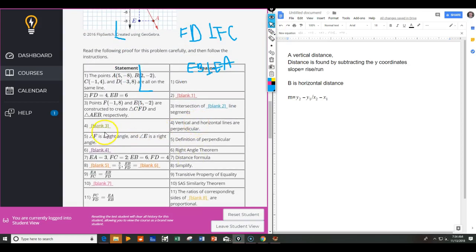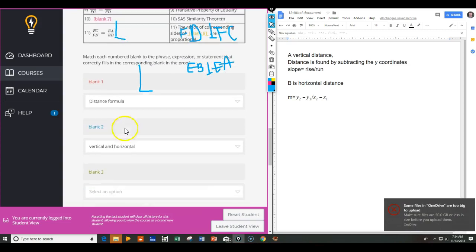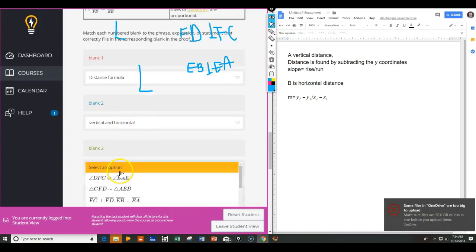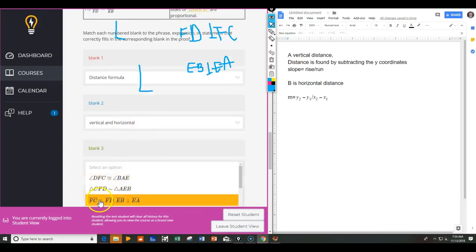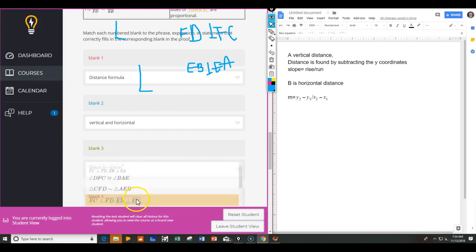So for blank 3, I would be looking for perpendicular symbols. So I have some. FC is perpendicular to FD and EB is perpendicular to EA. Yes, even though this FC in their statement is first, in mine it's last, that's interchangeable. It's okay.